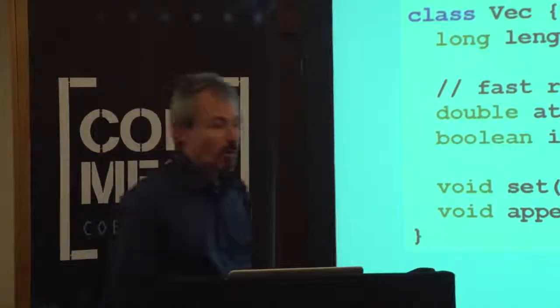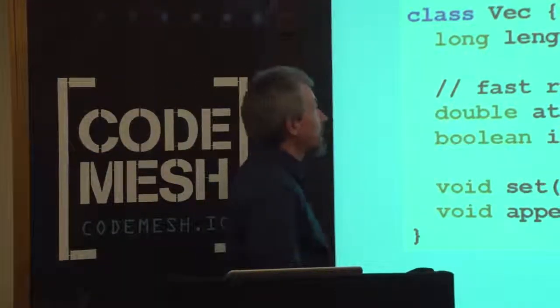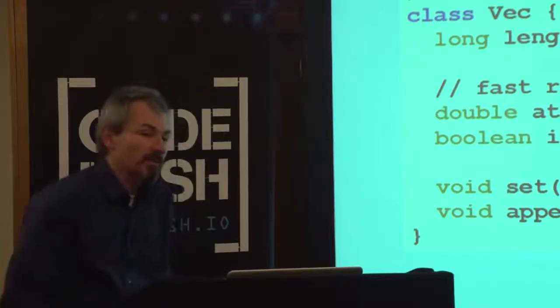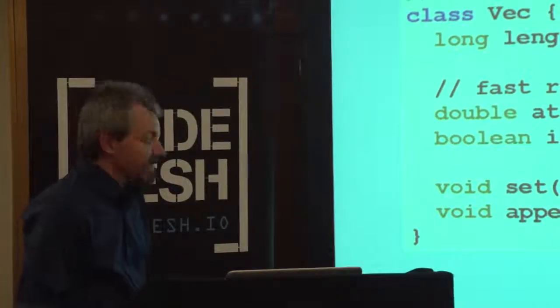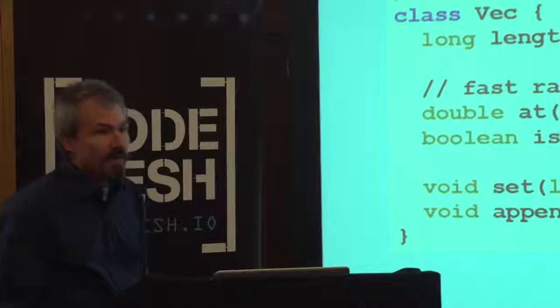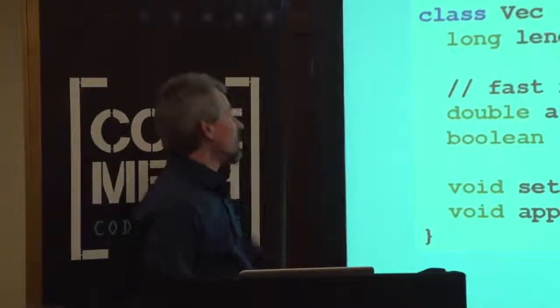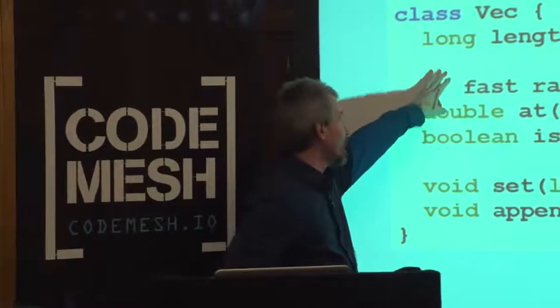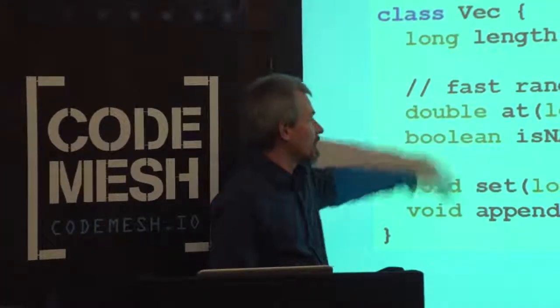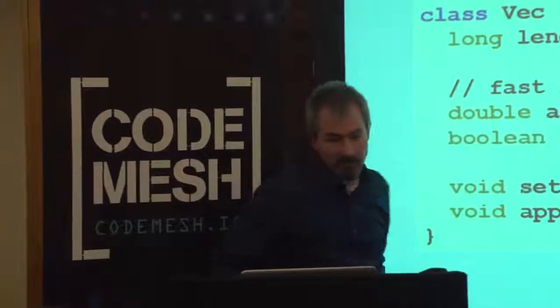OK, so the core of what we got is a collection of distributed vectors, where a vector is essentially a Java array that's too big to fit in memory or on one machine. So the length of the array is more than an int. I can get at the array elements with the standard fast access you can get on arrays.